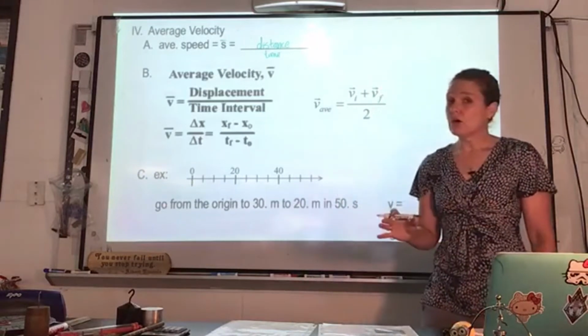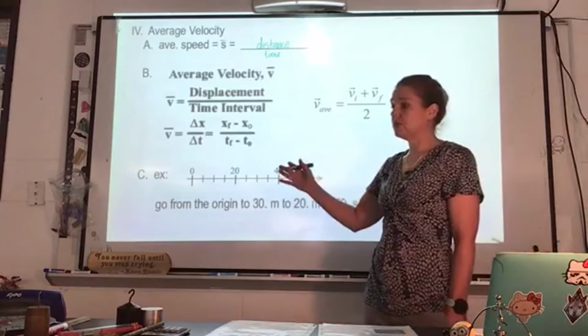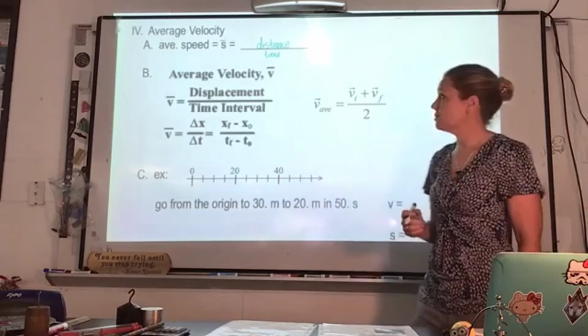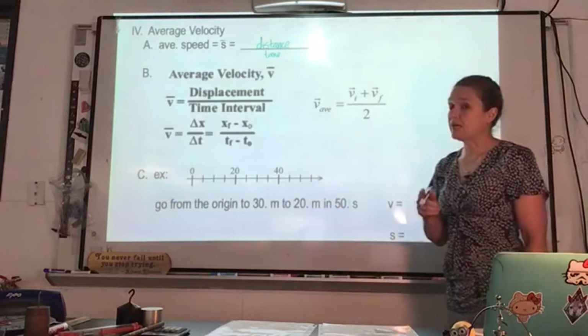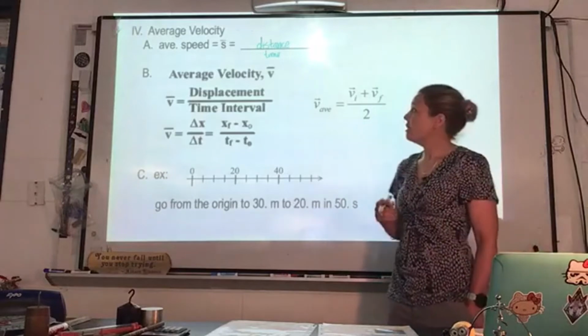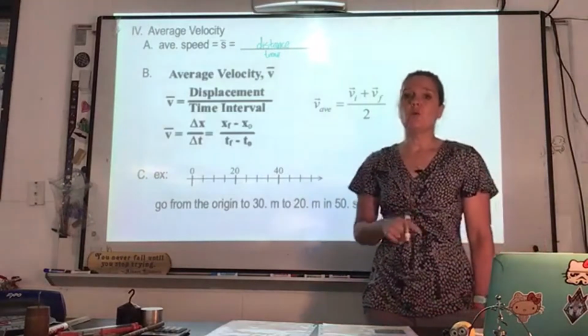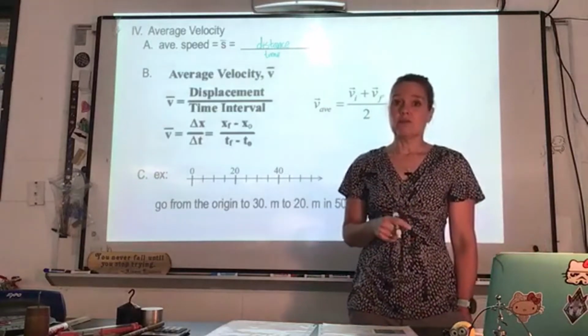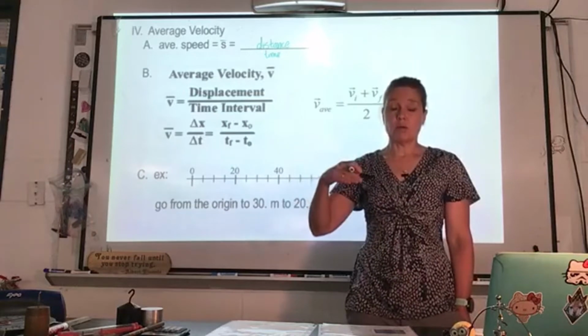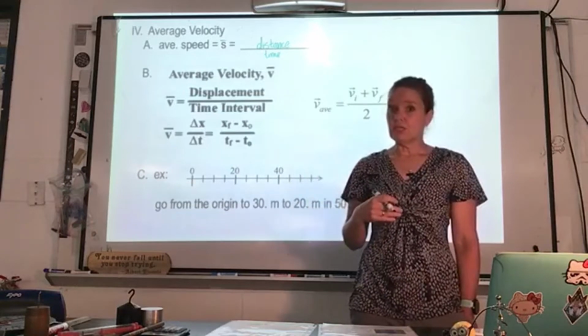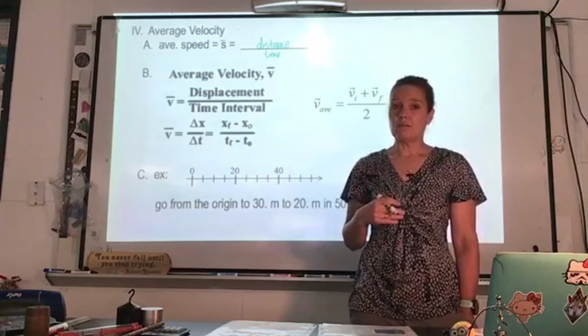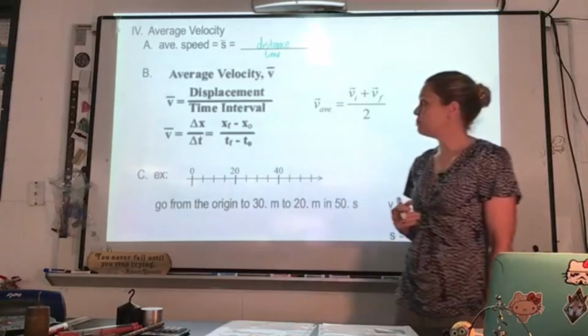You don't know what you're doing at every moment in time, but you do have an average, okay? And keep that in mind. For instance, if you go 60 miles in 1 hour, and therefore 60 miles per hour, that doesn't mean you're doing that the whole time. That would be the average.